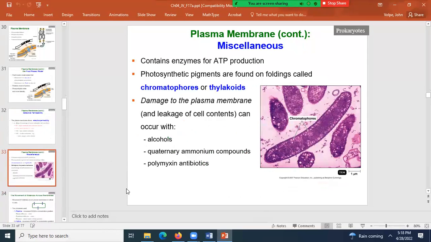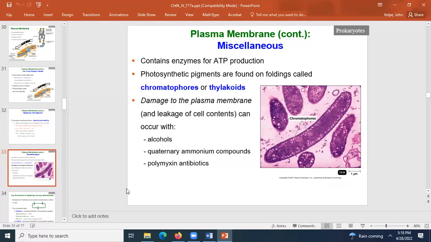All right, so the plasma membrane of prokaryotic cells has some special functions, like the enzymes for producing ATP. Now, in eukaryotic cells, this is not in the cell membrane.